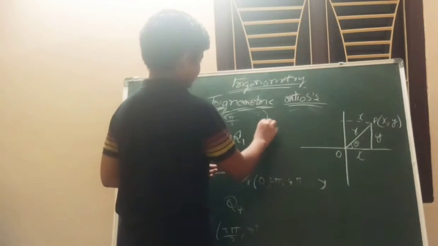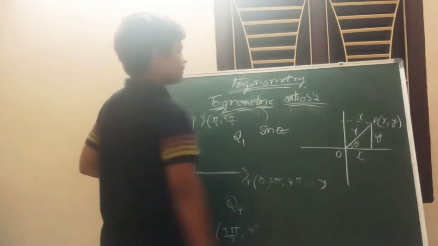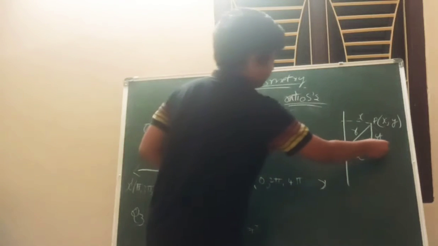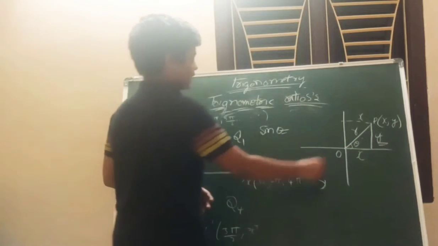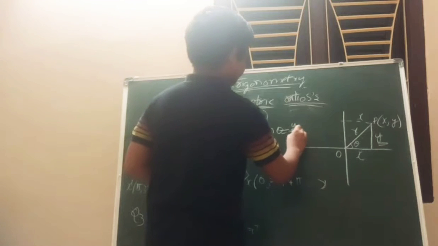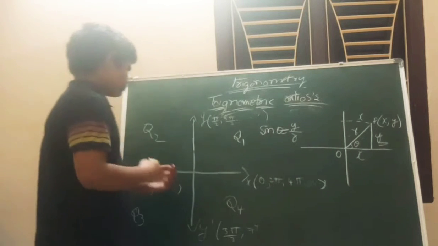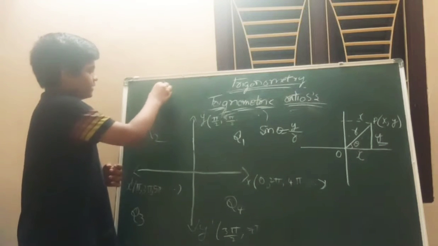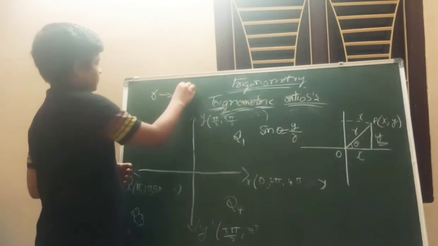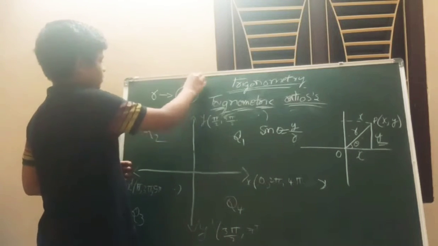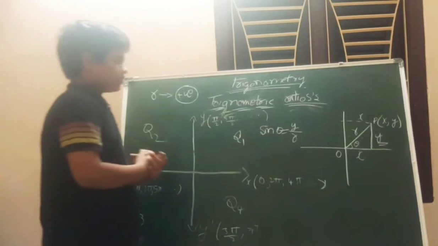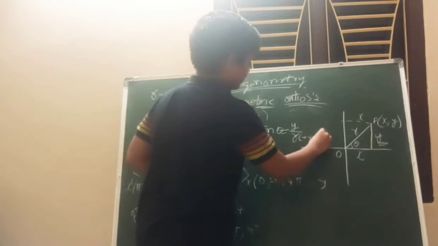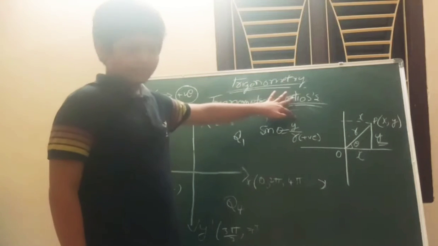First let us discuss the sign of sin theta in quadrant 1. We know that sin theta is equal to the opposite side to theta by the hypotenuse, that is y by r. There is a condition that the hypotenuse is always positive. So here r is positive, and now we have to know the sign of y.